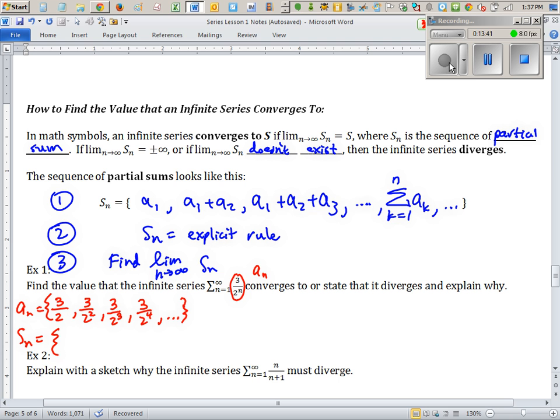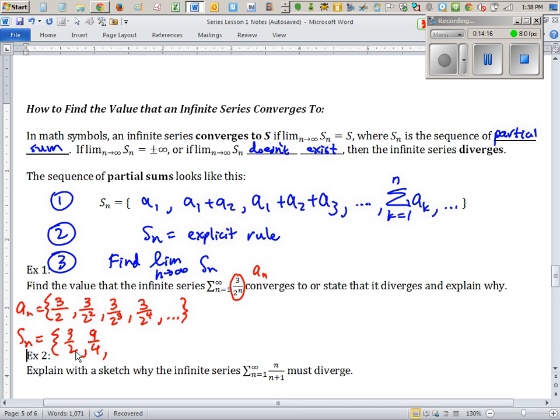My first term in the S sub n list is the same as the first term in the A sub n list, okay? So the first term is easy, it's just 3 halves. The second one is basically 3 halves plus 3 fourths. So I'm supposed to add the first two together. 3 halves plus 3 fourths, combine it, right? So what is 3 halves plus 3 fourths? I got 9 fourths, you see.